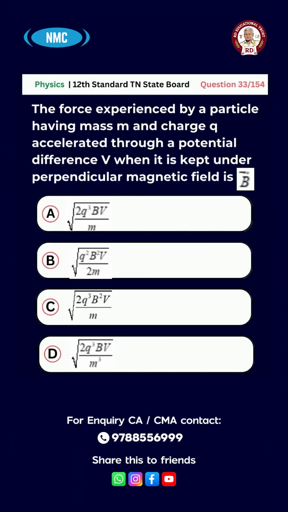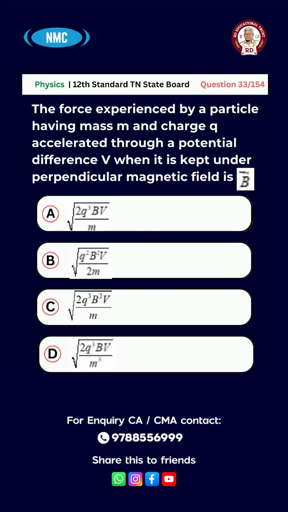Question number 33. The force experienced by a particle having mass m and charge q accelerated to a potential difference V when it is kept under the perpendicular magnetic field B vector is option A, root of 2q cube BV by m, B, root of q cube B square V by 2m, C, root of 2q cube B square V by m, D, root of 2q cube BV by m cube.